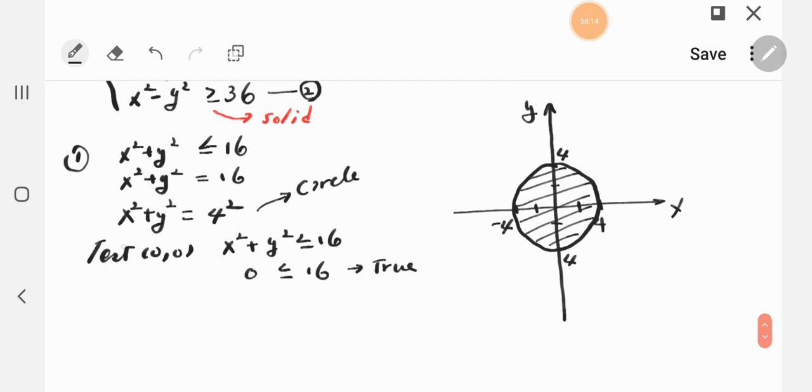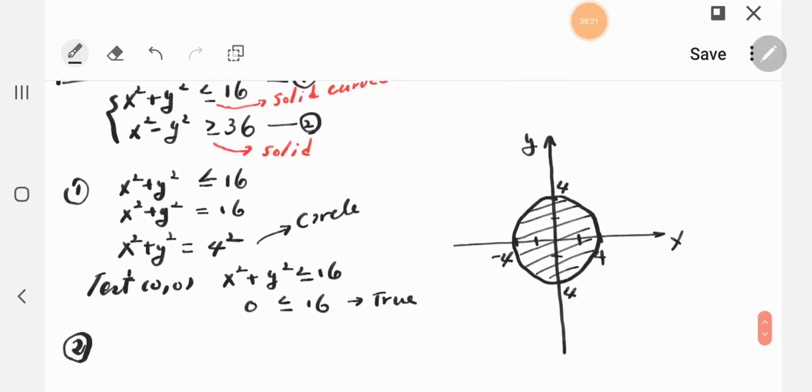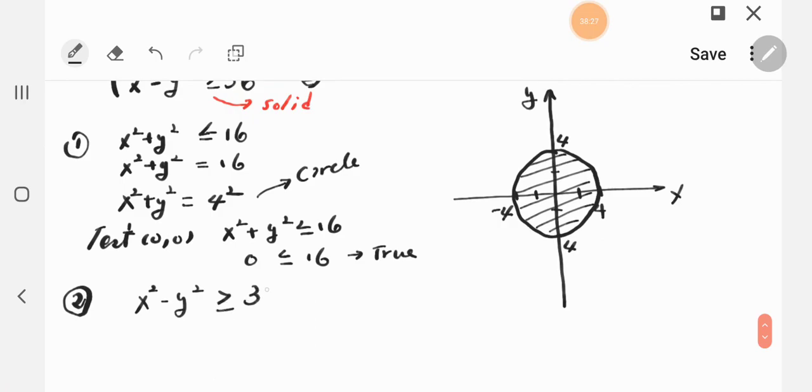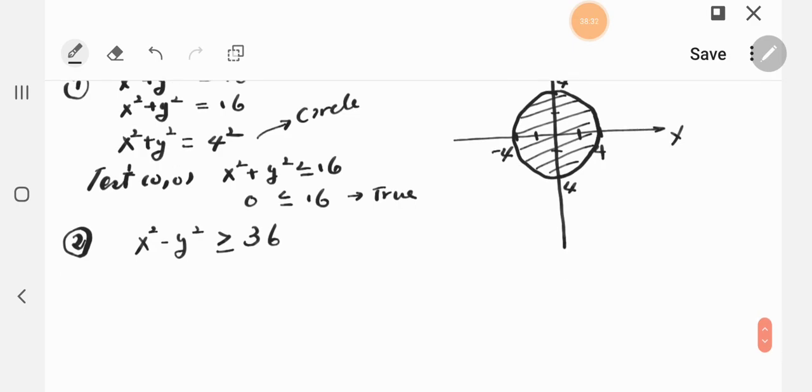All right, and then let's try the second example. The second inequality is x squared minus y squared is greater than or equal to 36. There's an equal sign, so the curve will be solid. Okay, this is a minus, so it's a hyperbola.